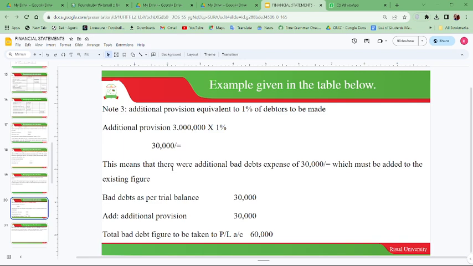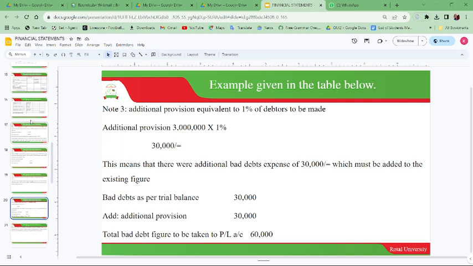So this means there was an additional bad debts expense of 30, which must be added to the existing figure. The bad debts as per trial balance is 30 and the additional provision for bad debts was 30, which gives us the total bad debts figure to be taken to the profit and loss account.